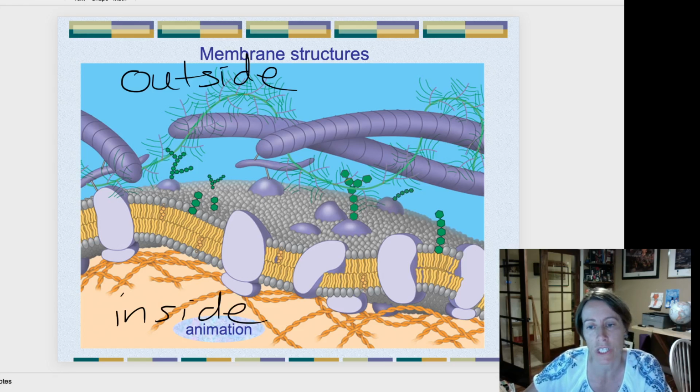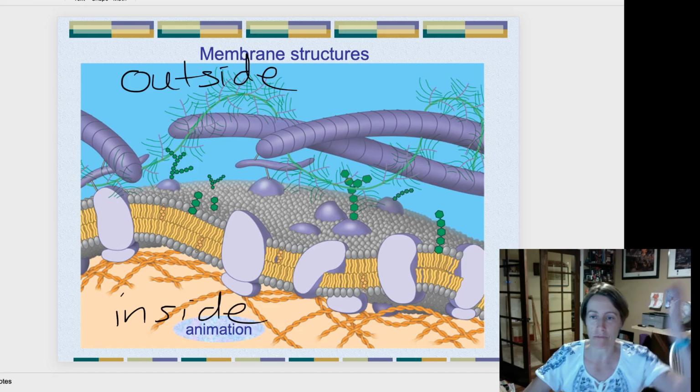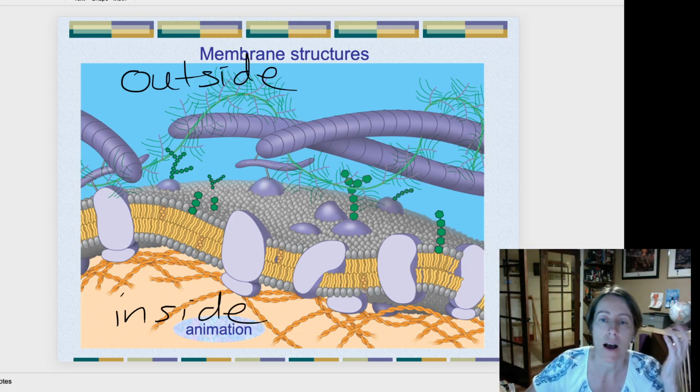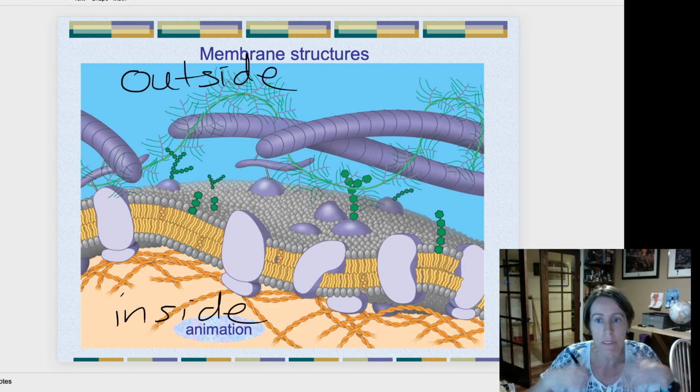These things function like antenna. They should look a little bit like antenna, like the old radio and TV antenna on your roof, or like an antenna from a bug sticking out of its head. And the role of an antenna is to receive or pick up signals, right? That's exactly what these glycoproteins' jobs are.